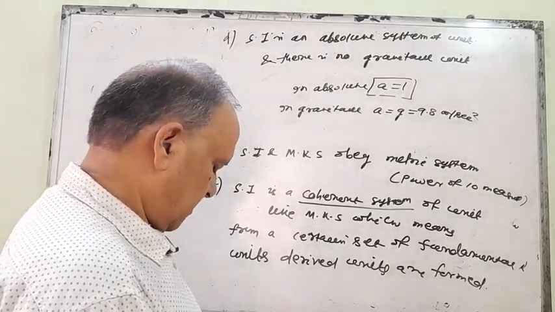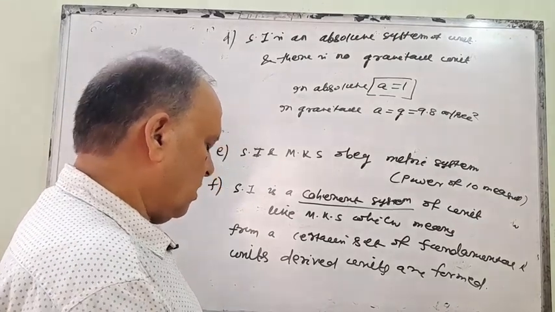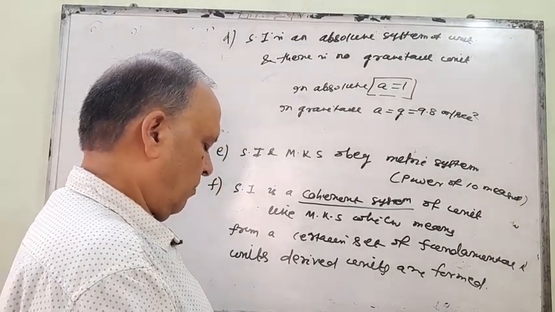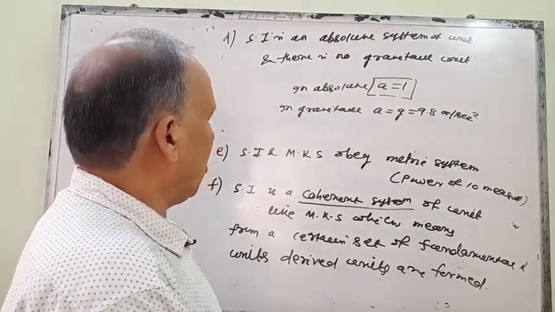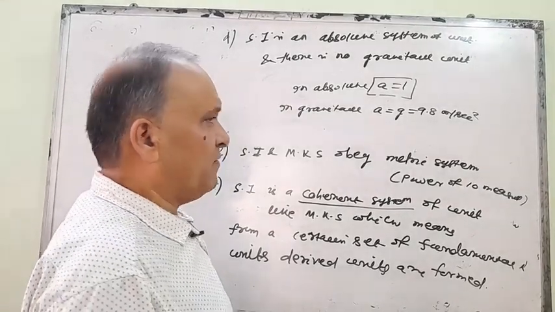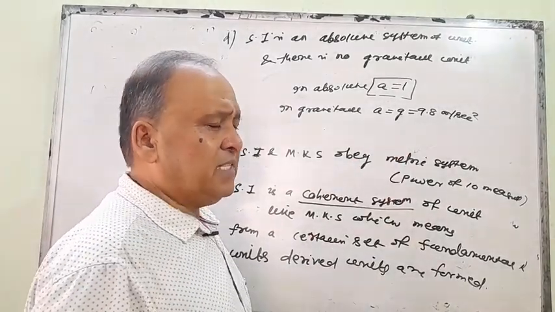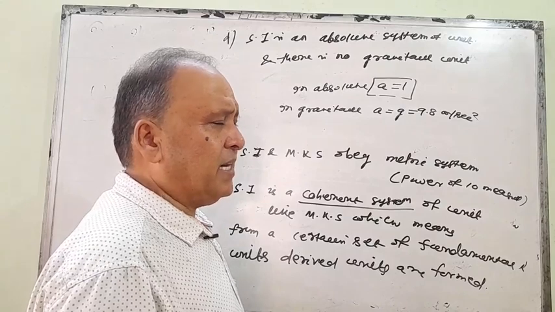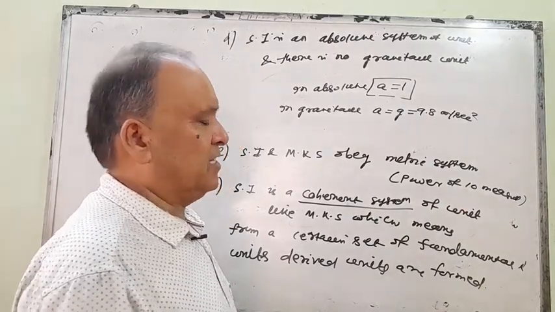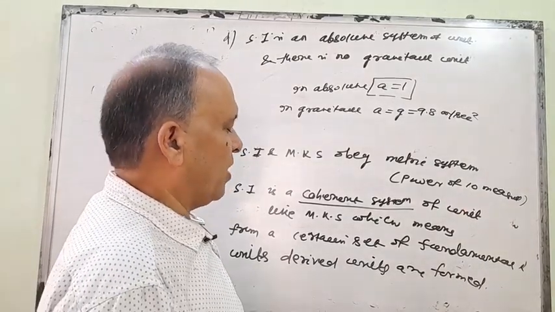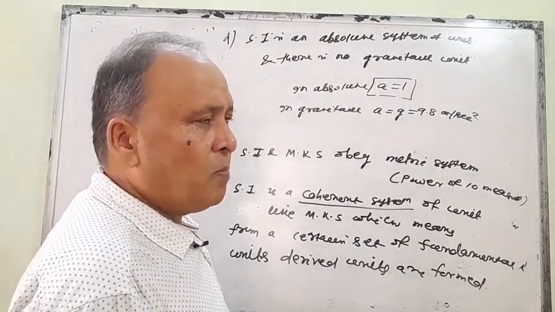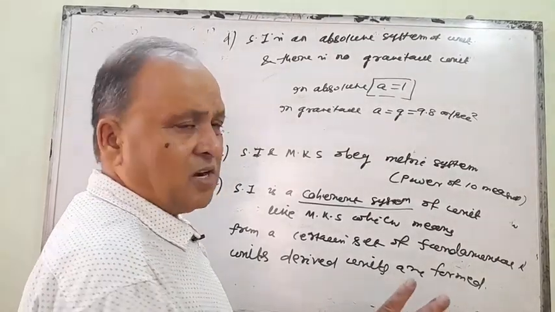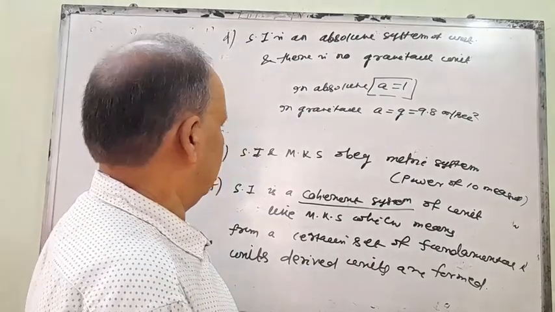Second one is, in current electricity, SI has different units for different physical quantities according to the name of the scientist, like ampere for current, ohm for resistance, like this, but which is not found in MKS.